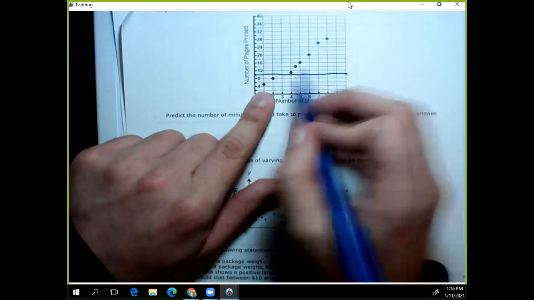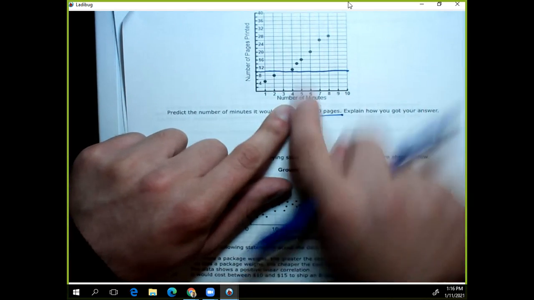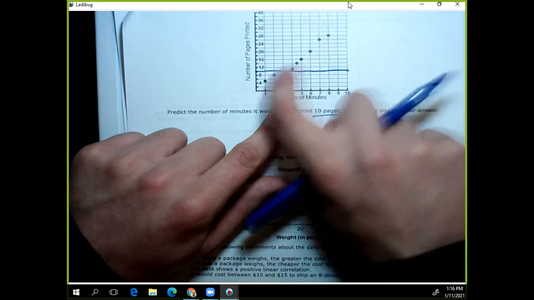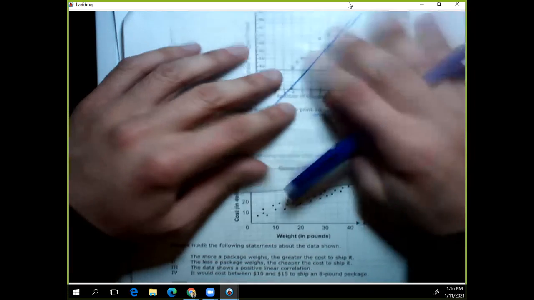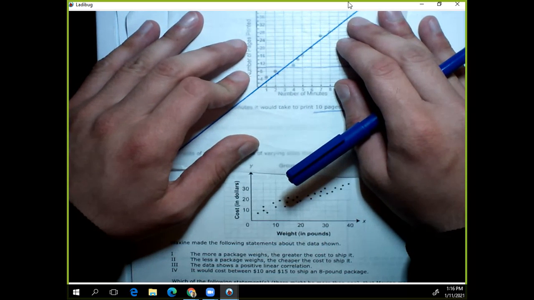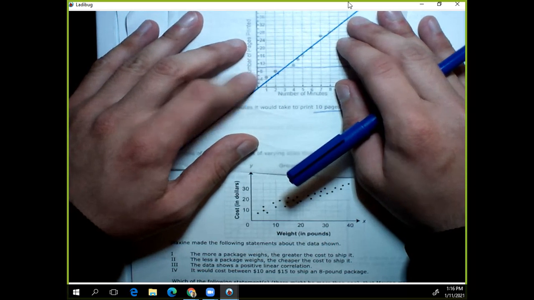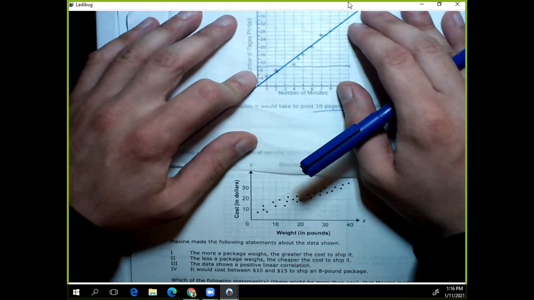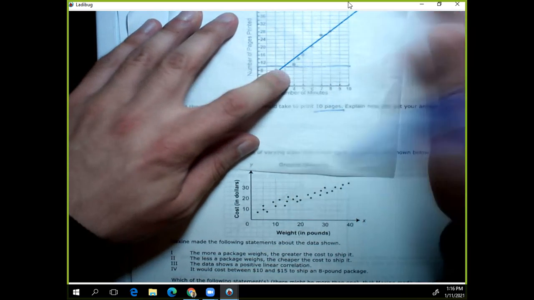And we're trying to find how many minutes it lands on, somewhere in here, right? So let's go ahead and put on our patty paper. So I would say about right here. So it lands about right here. So maybe just a tad over 3, or maybe about 3.